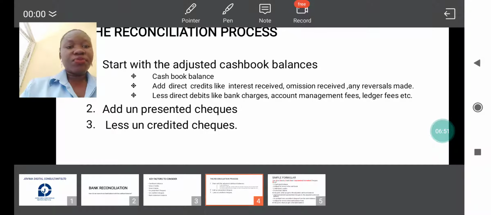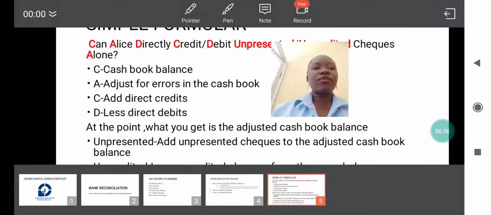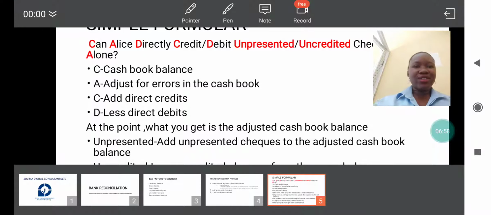So I have a simple formula on how we can easily recall the reconciliation process. I have a statement saying: Can Alice directly credit or debit unrepresented or uncredited checks alone?